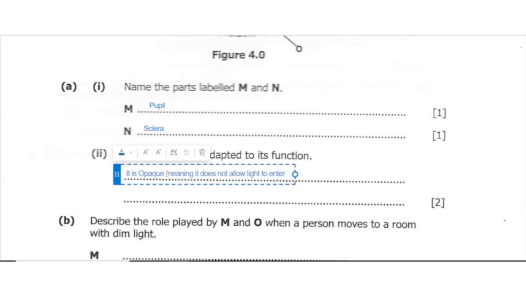Okay, so it's opaque, and since in nature it's opaque, it does not allow light to enter.